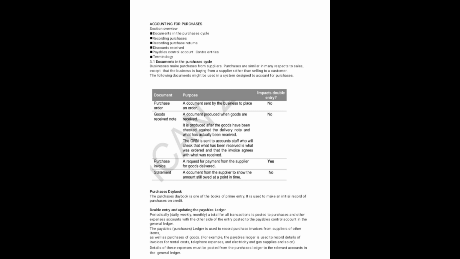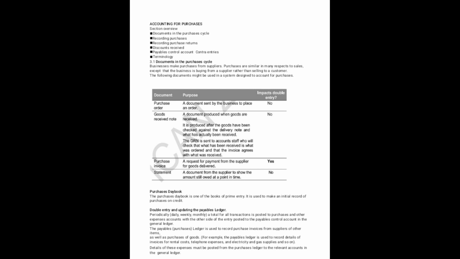Businesses make purchases from suppliers. Purchases are similar in many respects to sales, except that the business is buying from a supplier rather than selling to a customer. Purchases in its own regard has a debit balance because it is a direct expense.